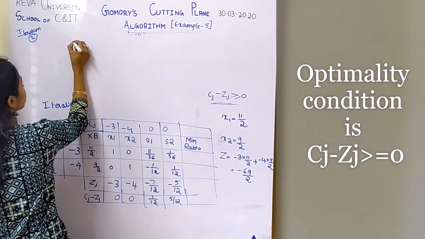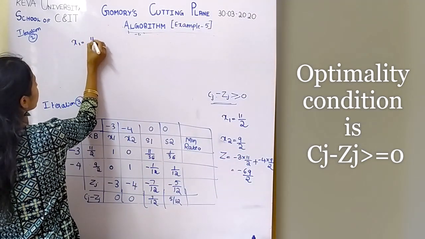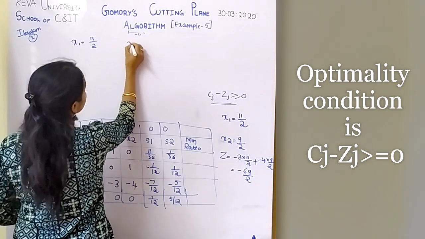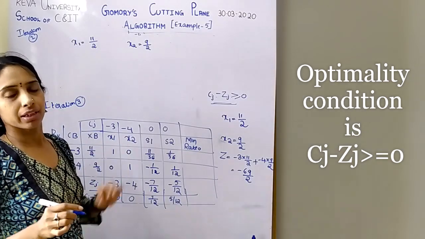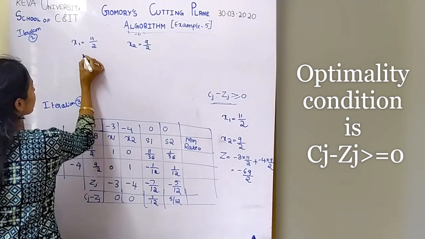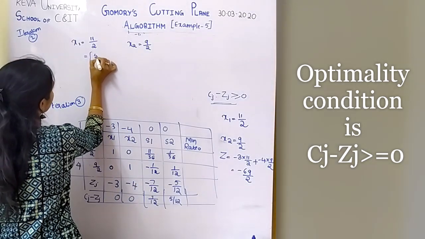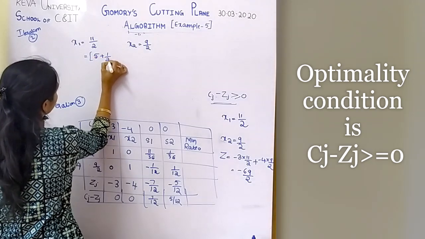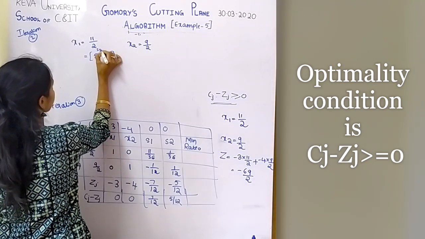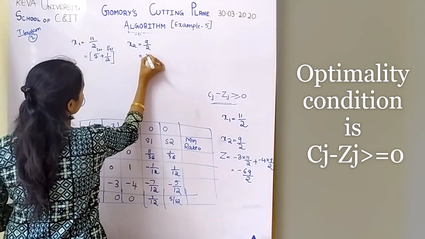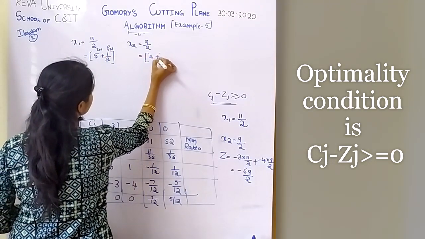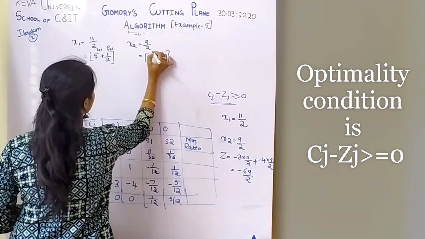So let us consider x1 is equal to 11 by 2, x2 is equal to 9 by 2. It is a mixed fraction. So represent this as integer plus fraction. You will get 5, 1 by 2. This is integer of x1, fraction of x1. This equal to 4 plus 1 by 2.